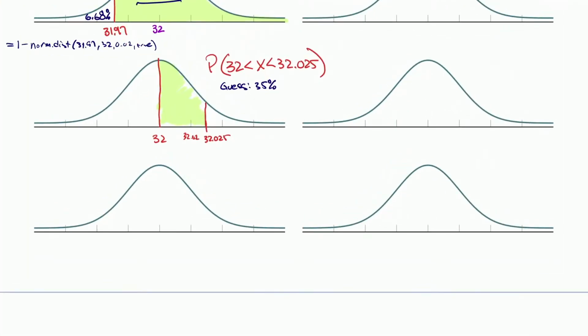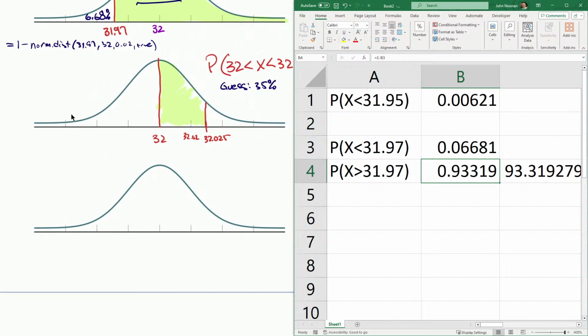So let's go ahead and go over to Excel and see how we do this. Now remember that Excel is leftist, and so the only thing that Excel can do is give me the probabilities to the left of my number. So I'm going to have to piece this together.